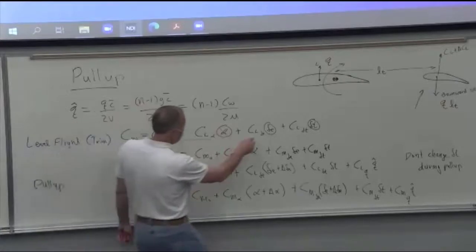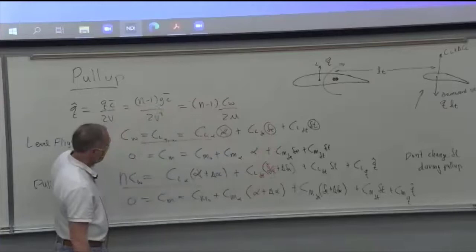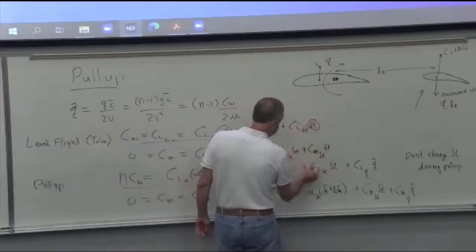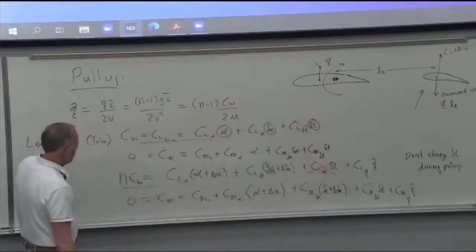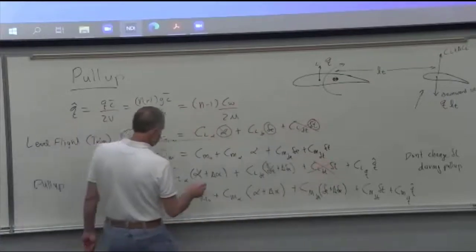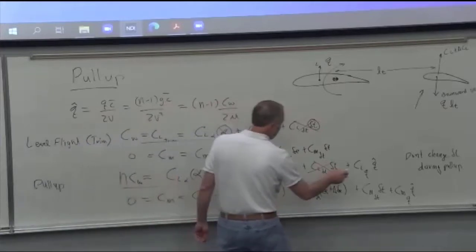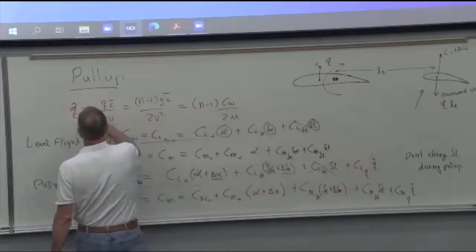And then the CL delta E term gets subtracted from this, so that term is gone. And then the trim tab, we didn't change the trim tab, so that whole term gets subtracted out. We're left with the angle of attack and the elevator change, and then the pitch rate, which we're going to get from our formula here.